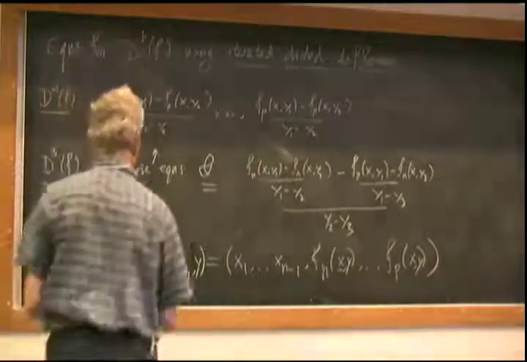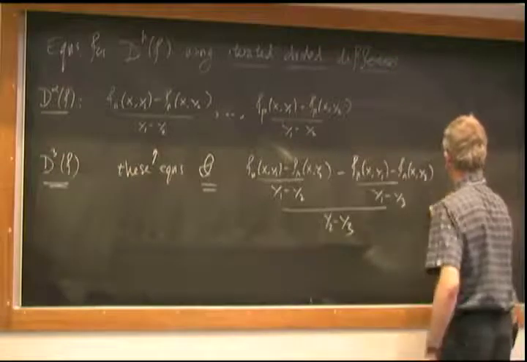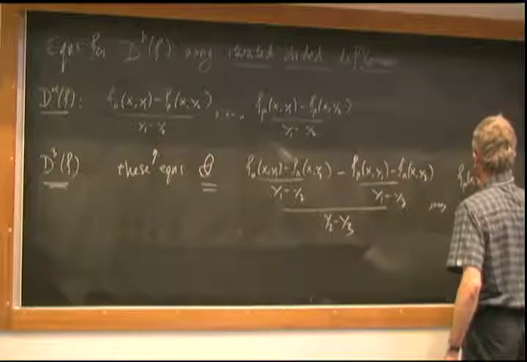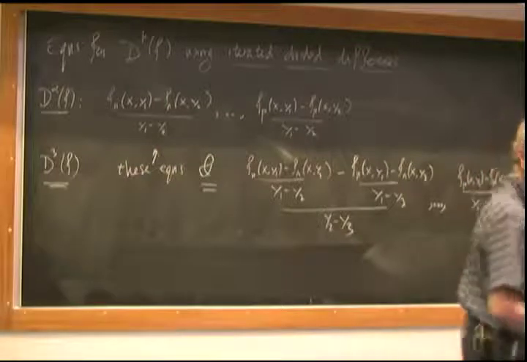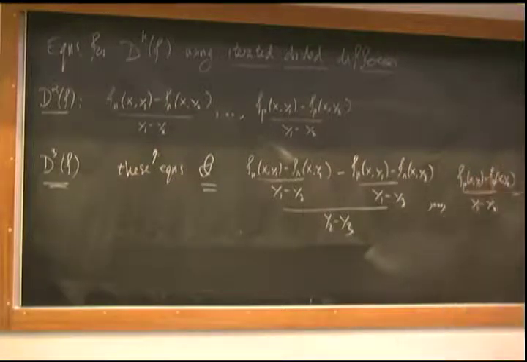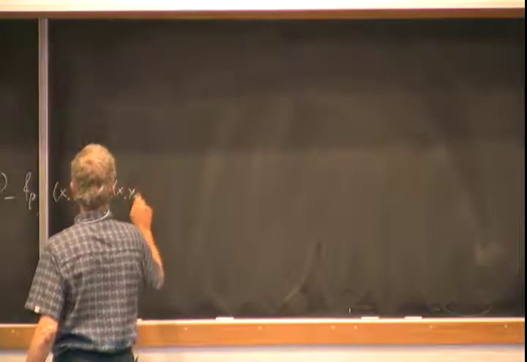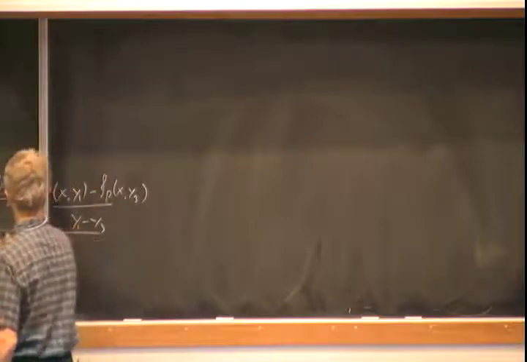So I divide, and we go on, we do the same thing for fp of x, y1 minus fp of x, y2 over y1 minus y2 minus fp x y1 minus fp of x y3 over y1 minus y3, all divided by y2 minus y3.